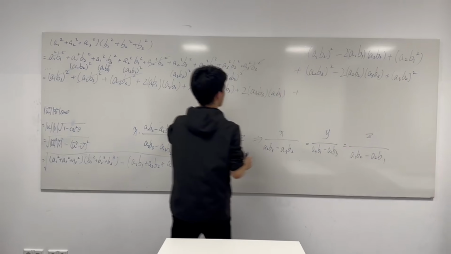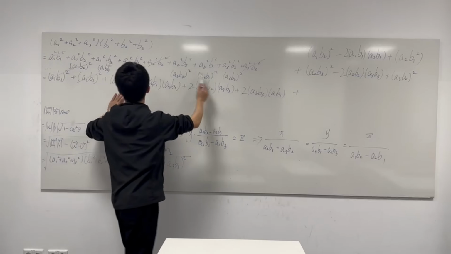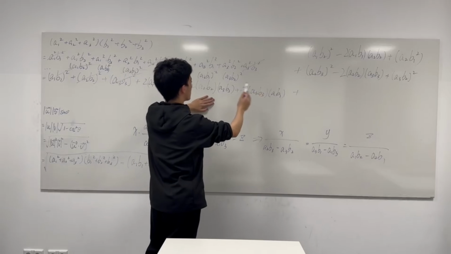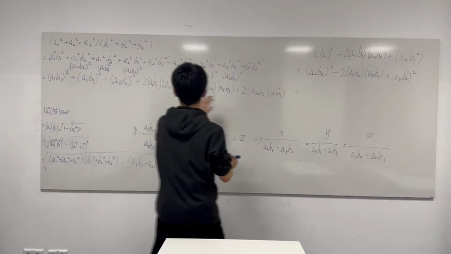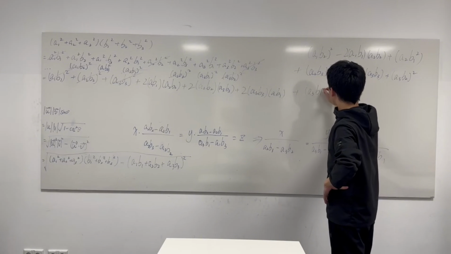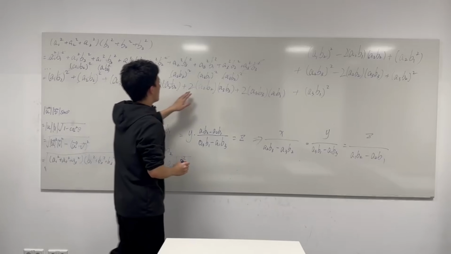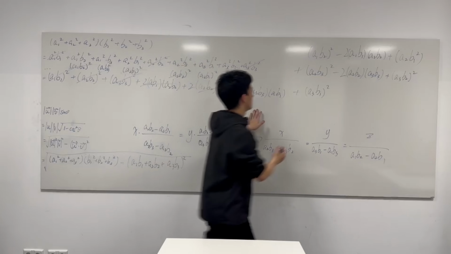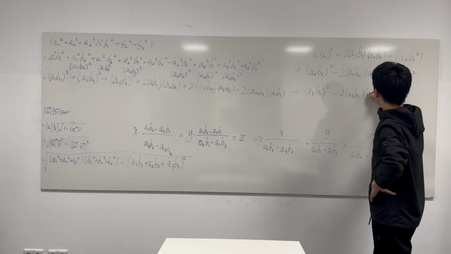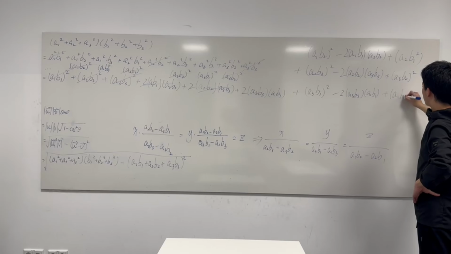I already used a2 b3 square and a3 b2 square. So at the end we have (a3 b1) square, minus 2 a3 b3 a1 b1, then plus (a1 b3) square.